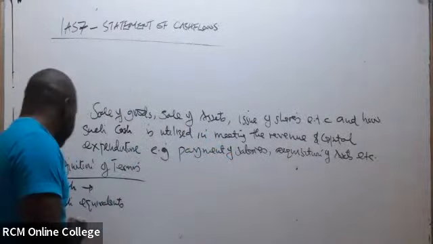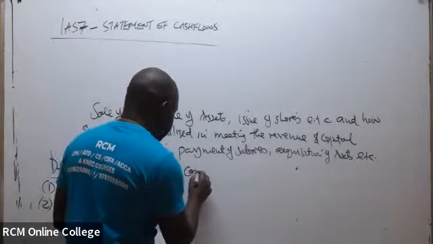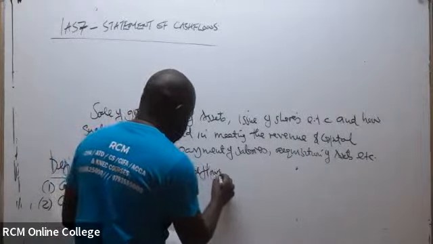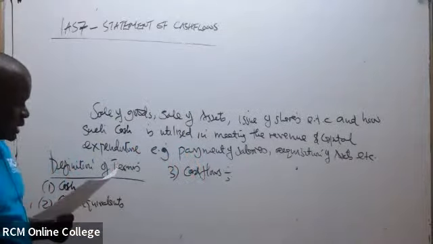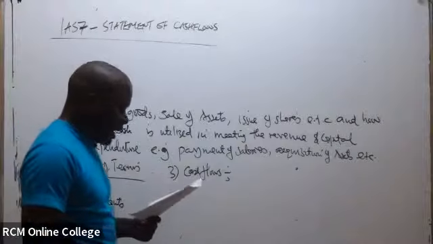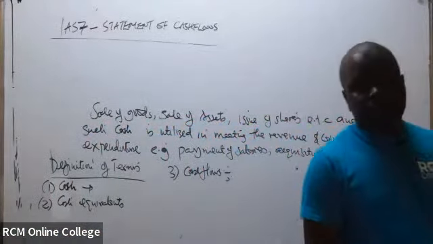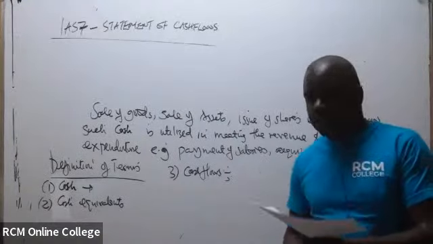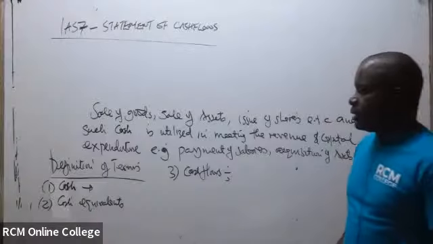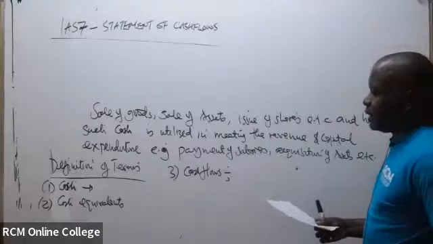Then in this case, we have number 3, cash flows. These are inflows and outflows of cash and cash equivalents.